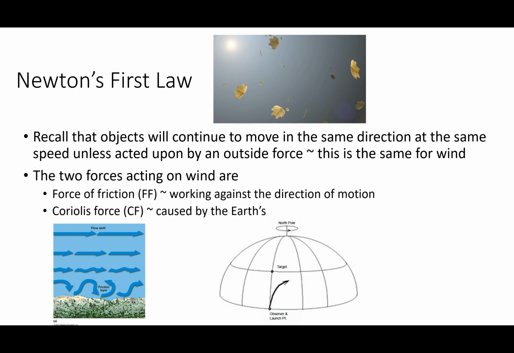If it's left the Earth's surface, and it's related to the fact that the Earth is spinning, it's going to appear to deflect and end up missing its target, caused by the Earth spinning on its axis of rotation underneath it. That's called the Coriolis effect, Coriolis force.